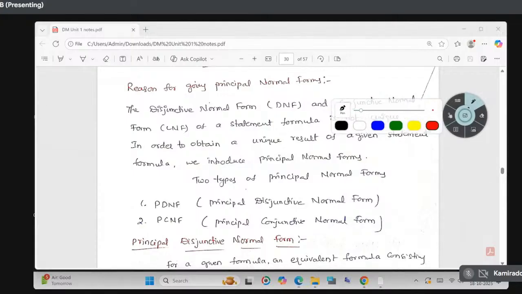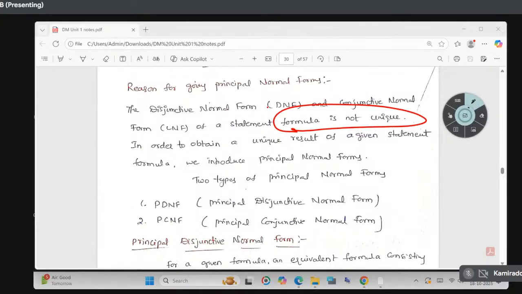When we are doing the disjunctive and conjunctive normal forms, the form of a statement formula is not unique. Whatever formula we are working with, it is not unique; it may be similar to some other formula or identical. To get a unique result for a given statement formula, we go for principal normal forms.